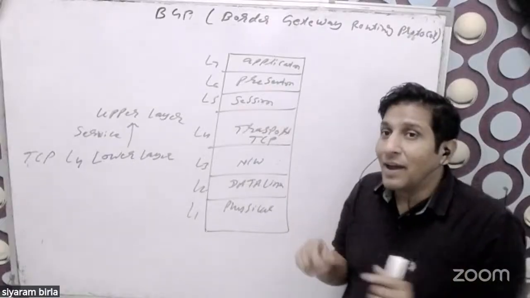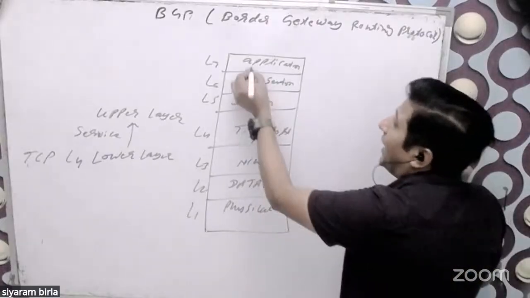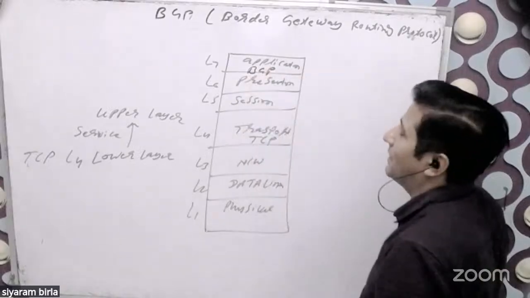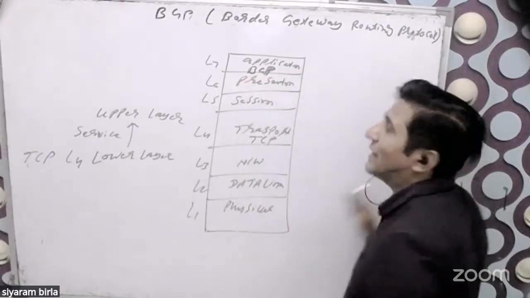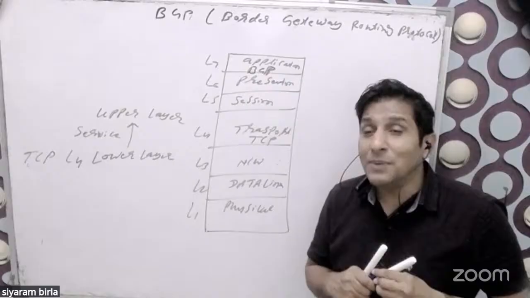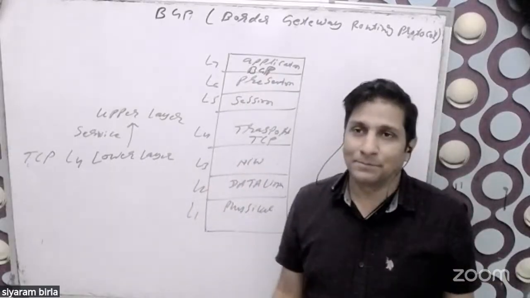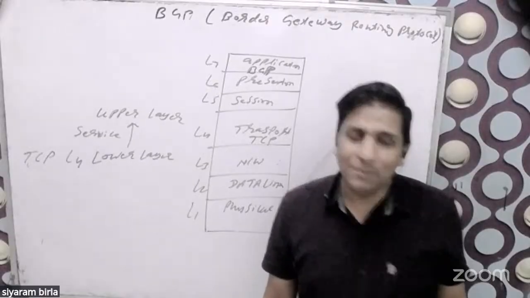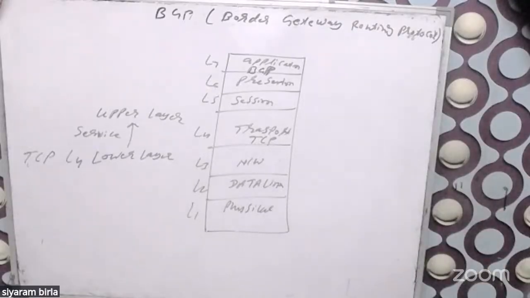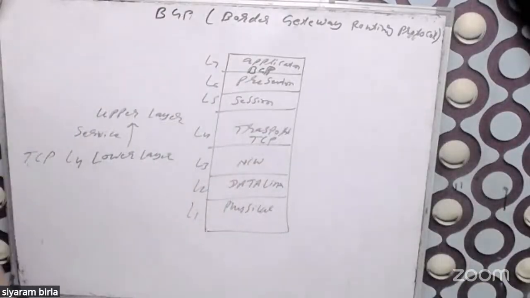So that's why I put BGP at layer 7. BGP works at layer 7, BGP does not work at layer 3.